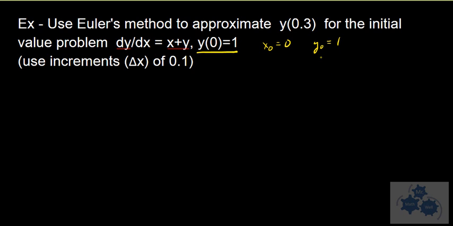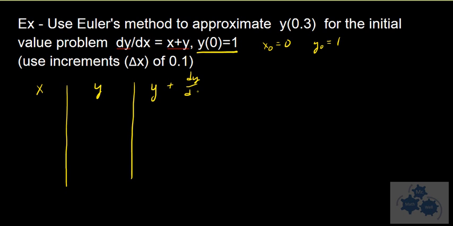All right, so this is the way I'm going to encourage you to set this up. Make an x column, make a y column, and also make another column that includes how to determine your new y value. So it's going to look like this: y plus dy over dx times delta x.